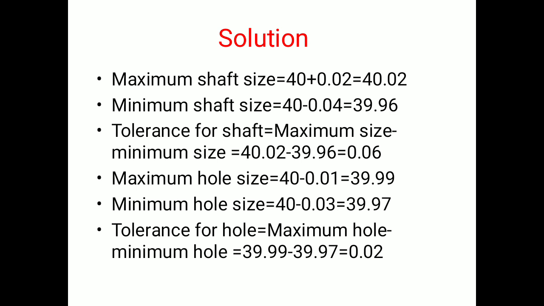The difference between the upper limit or the maximum size and the minimum size. So we will subtract the two values, that is 40.02 minus 39.96, and the answer is 0.06. So the tolerance for the shaft is equal to 0.06 mm.